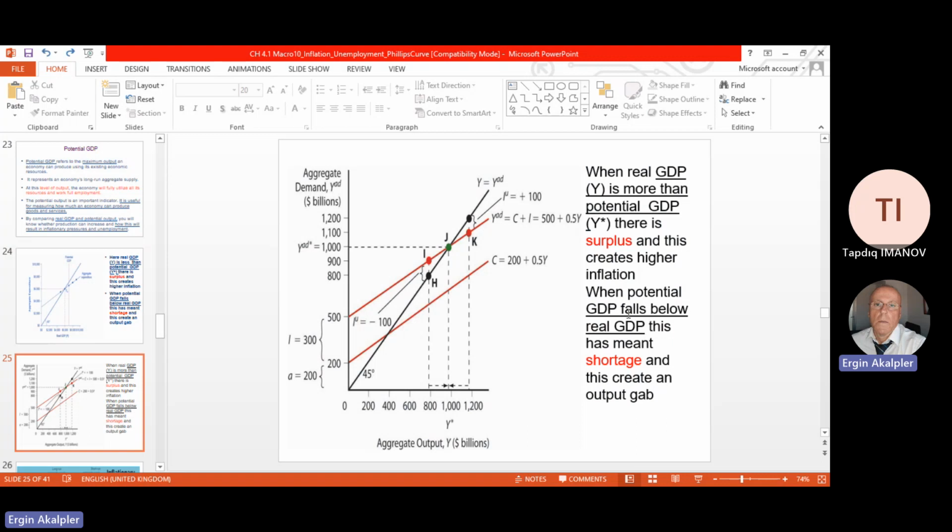And when potential GDP falls below the real GDP, as indicated on the left side, this means there is a shortage and this creates an output gap. We have to shift the output a little higher, enlarging our expected potential to reach our equilibrium position. Here the numbers are not important because I just show you how it is going to be calculated. In future classes, maybe after one or two weeks, I will give you one example with these numbers, then you will understand better how this is going to be.